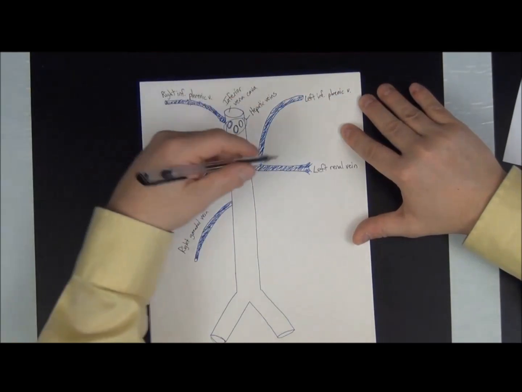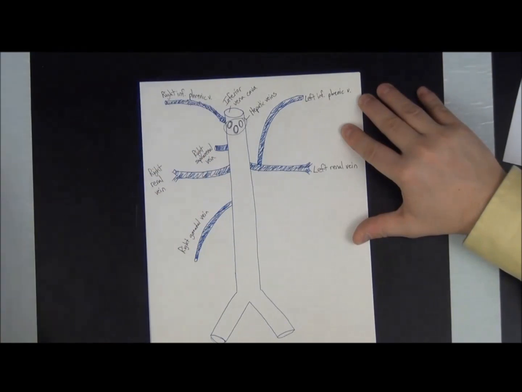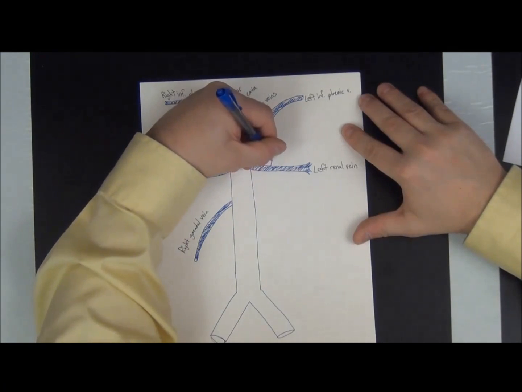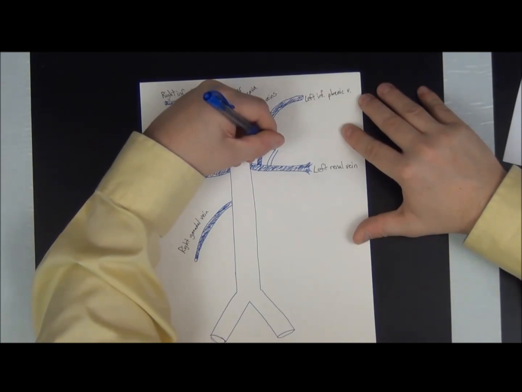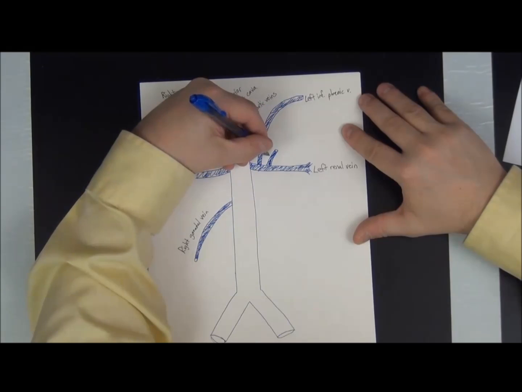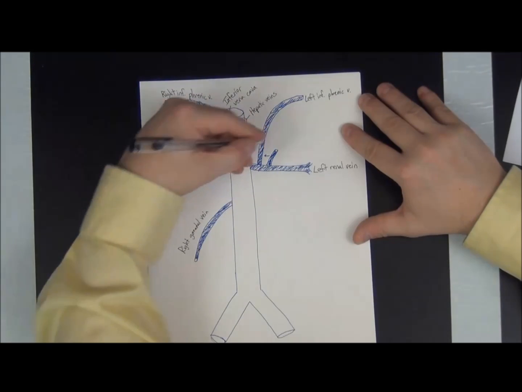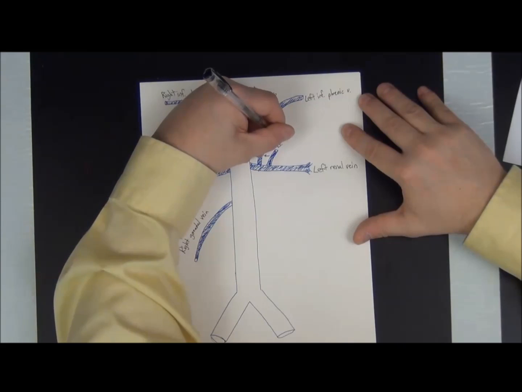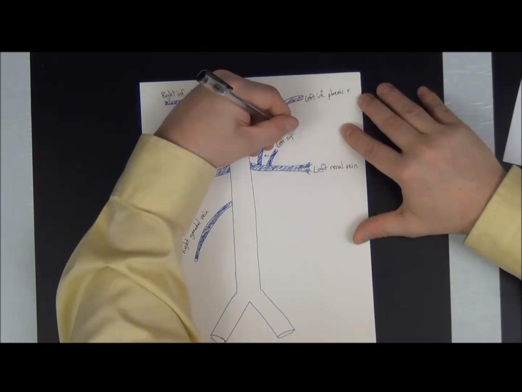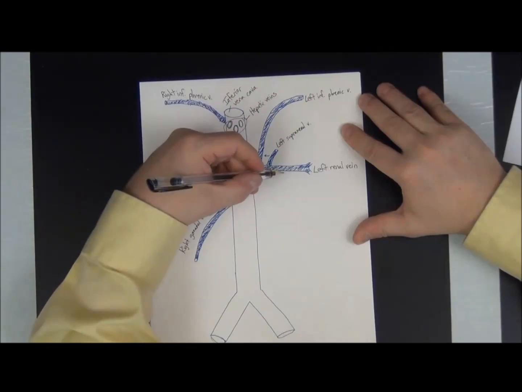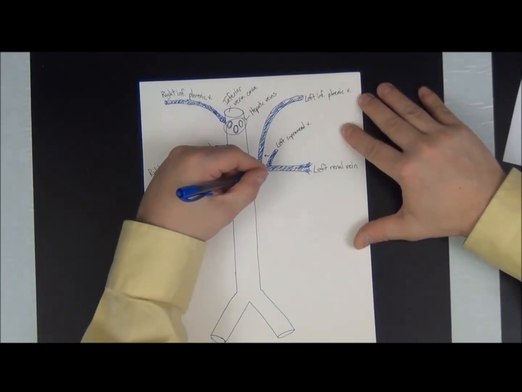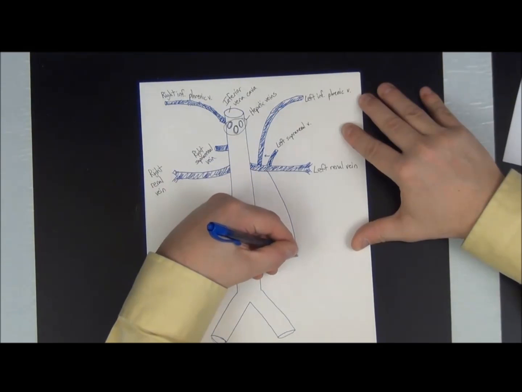Instead, it passes into the left renal vein, which then gets to the inferior vena cava. And, not too shockingly, same thing happens with the suprarenal vein, which sometimes may join with the inferior phrenic vein before dumping into the left renal vein, but we'll treat them as separate right now. Left suprarenal vein to the left renal vein, and no big shock here.